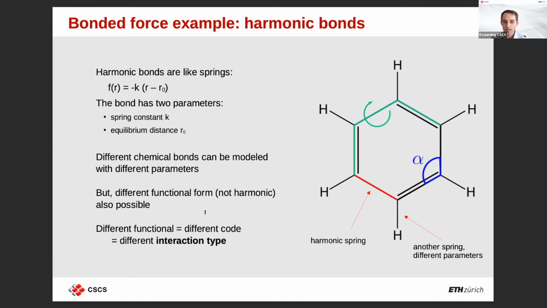But it's really important to point out that harmonic springs are not the only possibility. You can also have different functional forms, for instance a cubic force law or a linear potential energy law. If you do have a different functional form, then we say it's a different interaction type and not just different parameters.